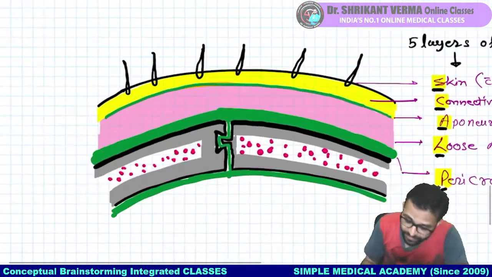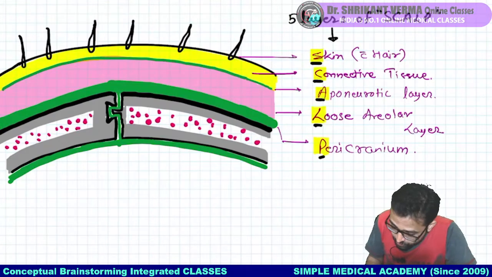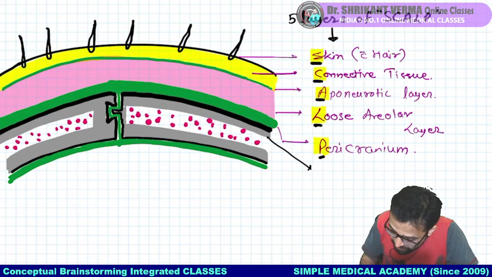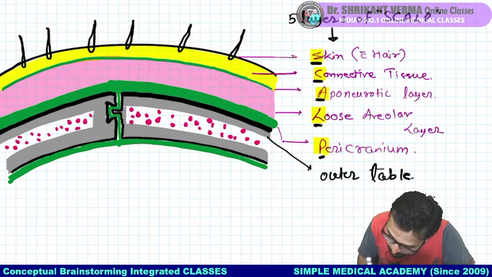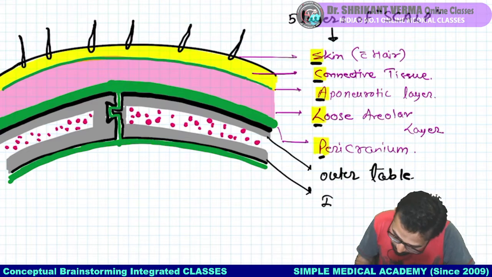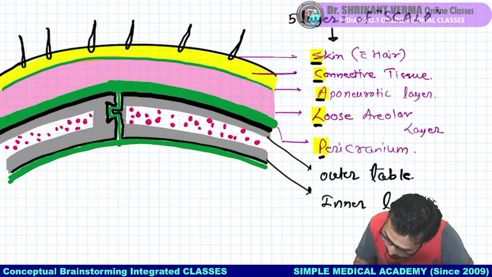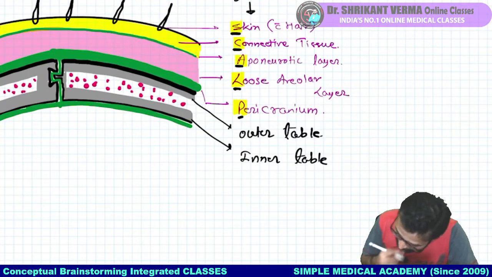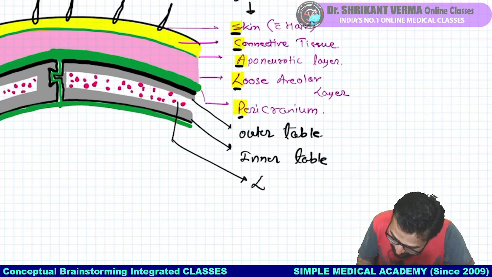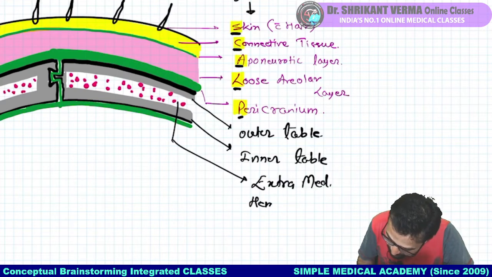Now what I want to tell you, I had shown you the cranial bone. So here is our outer table, here is our inner table. Okay, and in between them you can see our extramedullary hematopoiesis.